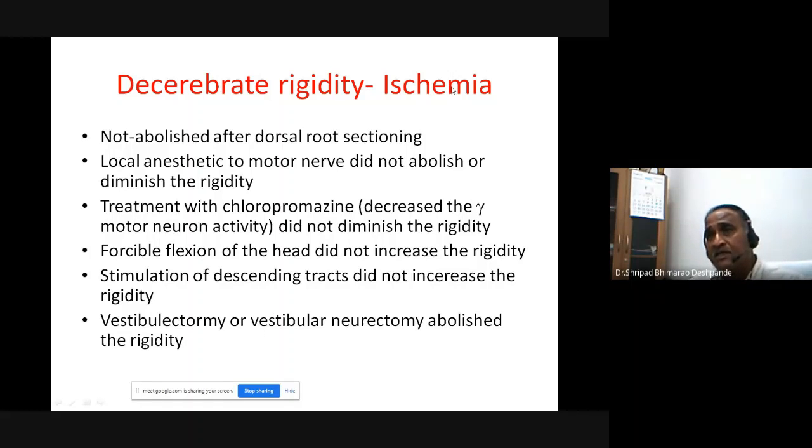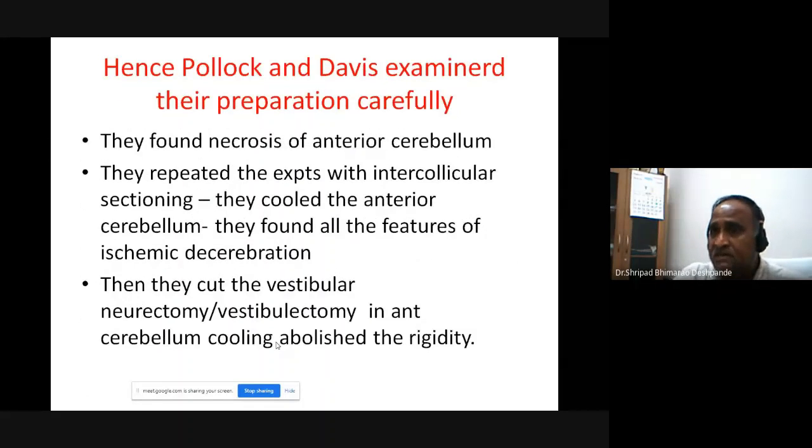So the ischemic decerebrate rigidity is an alpha motor neuron rigidity, whereas the classical one was a gamma motor neuron rigidity. Because of these things, they went back.